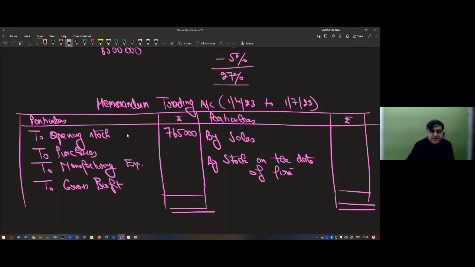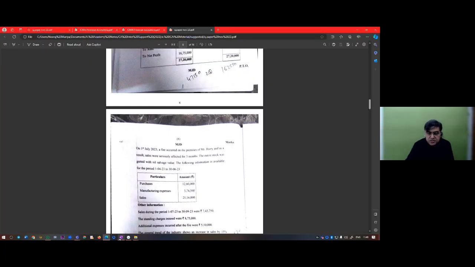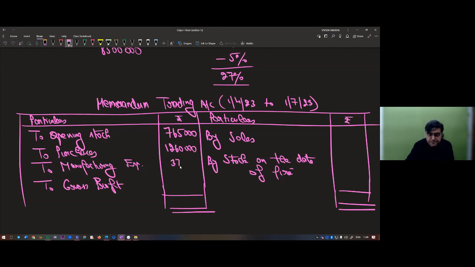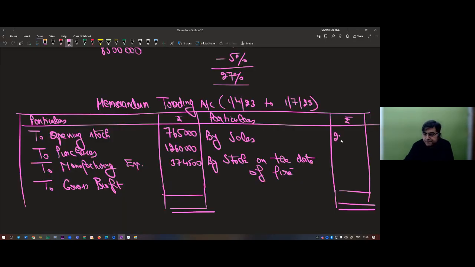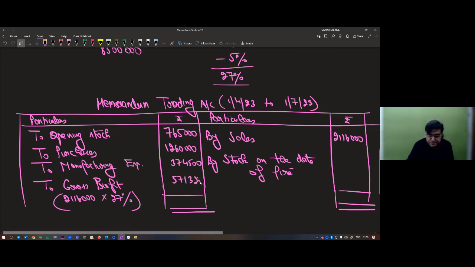Purchases 1260. Purchases are 1260, 374,500. Sales 2116. Gross profit is 2116 into 27%, 571,320.